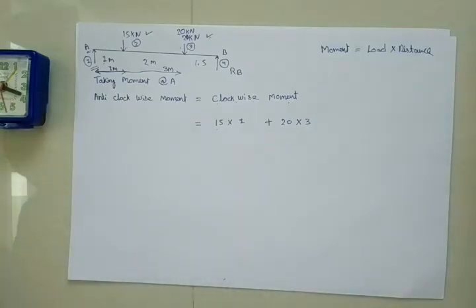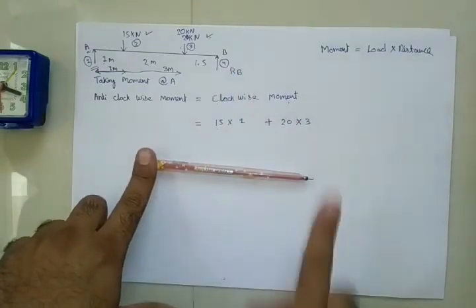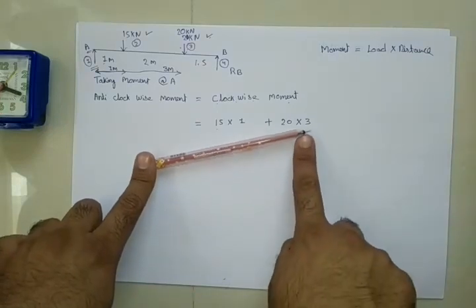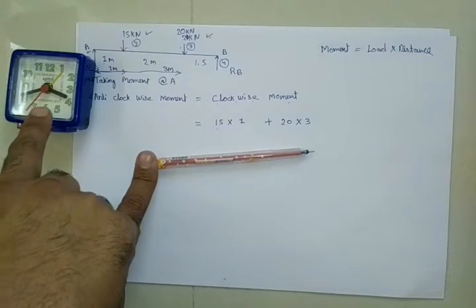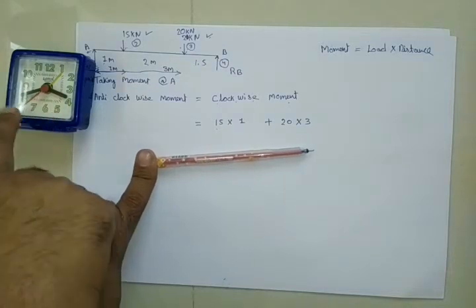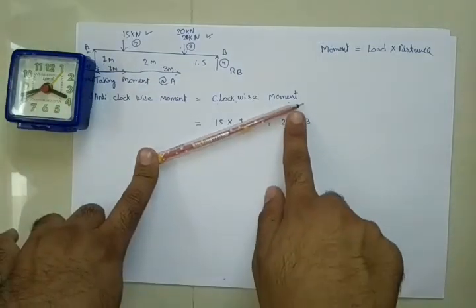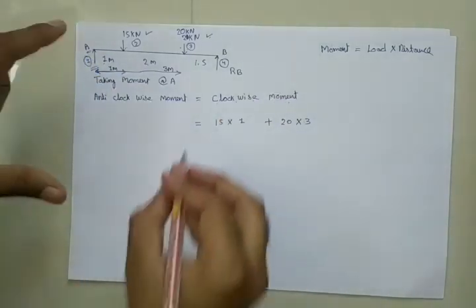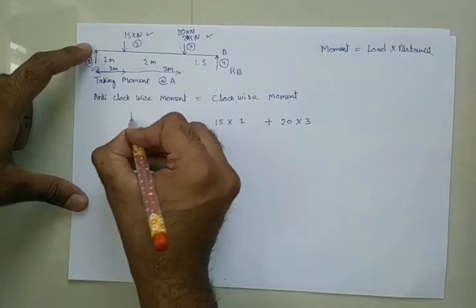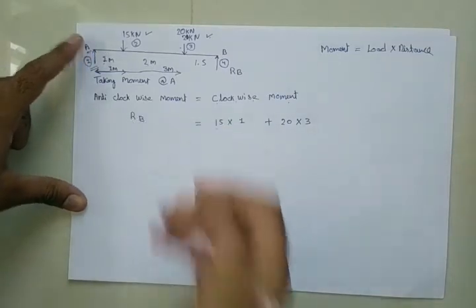Now one more load is remaining, that is RB, which is acting in an upward direction, and that is again, I can say, an anti-clockwise moment, because a clock goes down to up, not up to down, right? So this will be written over here. What is the load over here? That is RB. It is unknown to us.